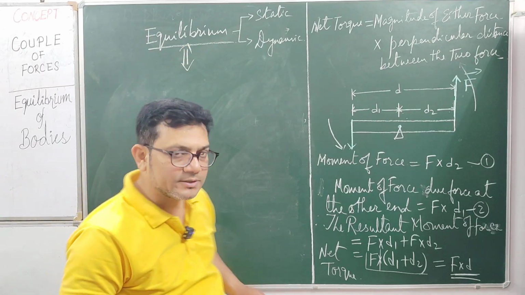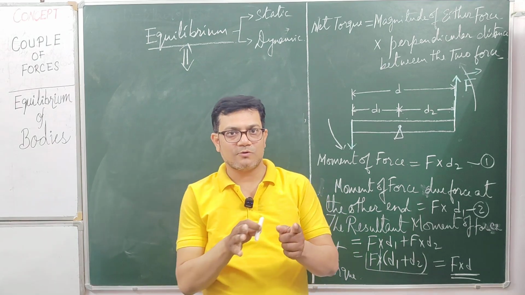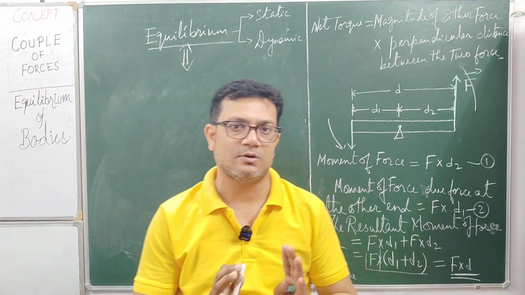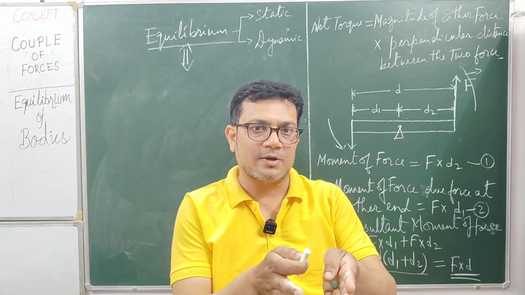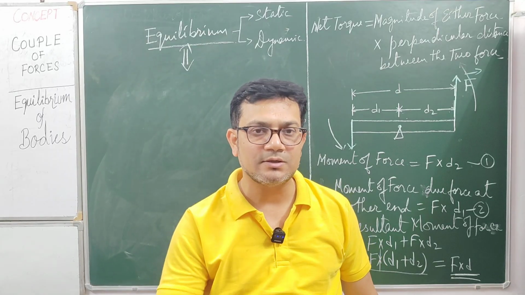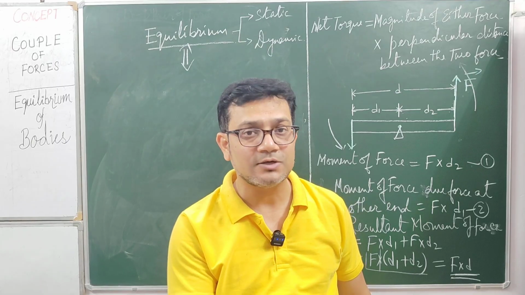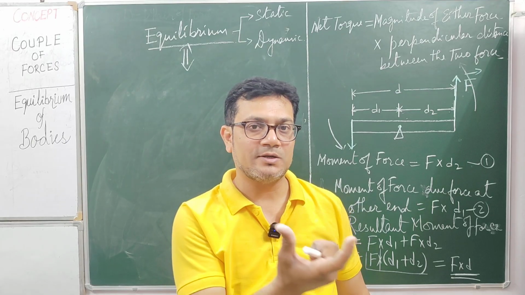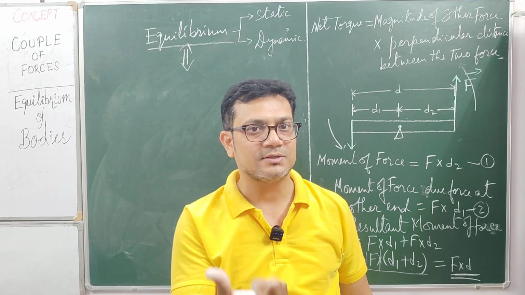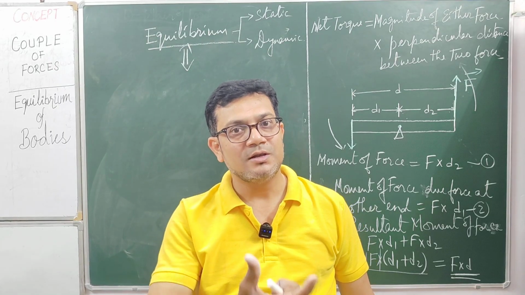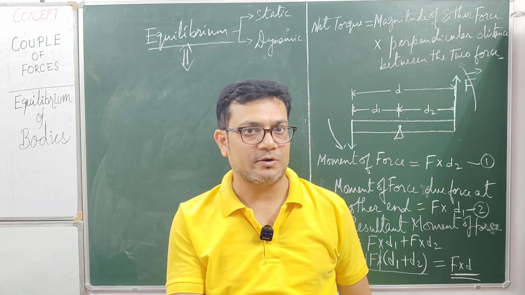In the context of force, when multiple forces are acting on a body, what would happen? It could do two things. Either it would initiate a linear motion and change the state of the body. If the body is at rest, it's going to change the state, or if the body is in motion, it's going to change the linear motion state of the body.